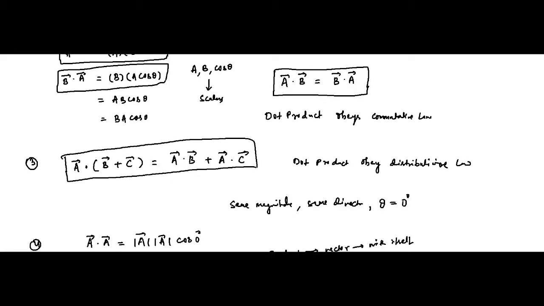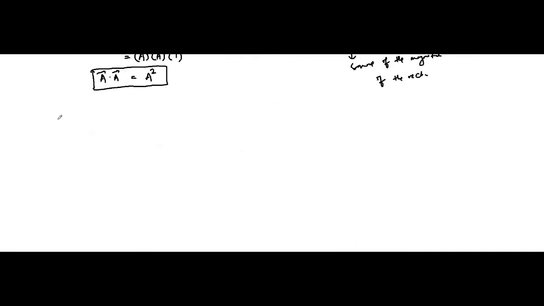Okay, so we have discussed about the commutative and distributive nature of dot product. Dot product obeys commutative and distributive law. So next we'll discuss about another important property of dot product. Okay, so let's say a vector is multiplied with a scalar quantity, let's say m, and another vector b vector is multiplied with another scalar quantity n.